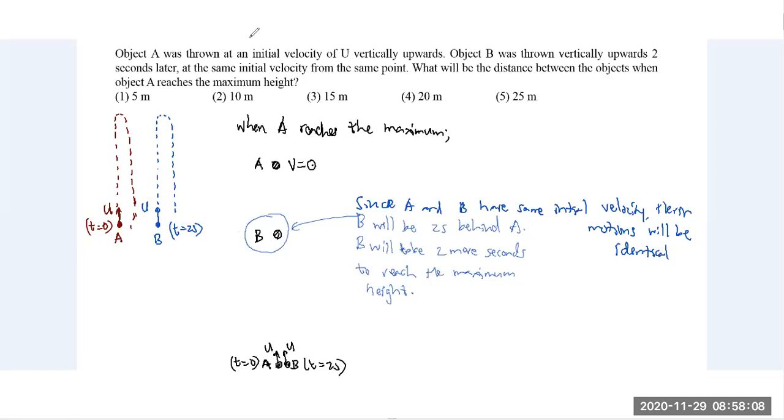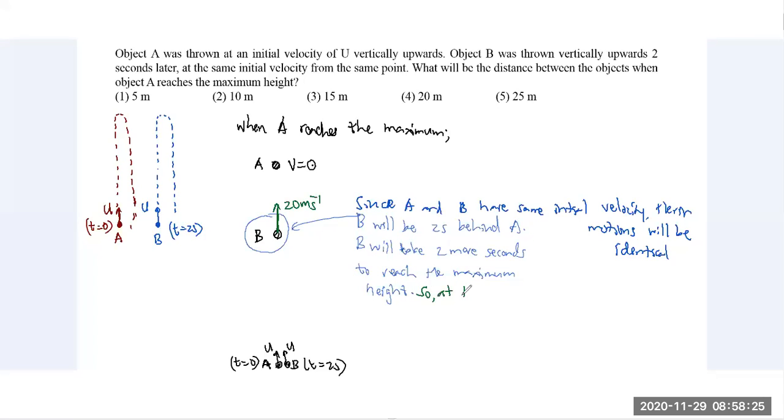So at that time, the velocity of B should be how much? Should be 20 meters per second. Because B will take 2 more seconds to reach the maximum height.